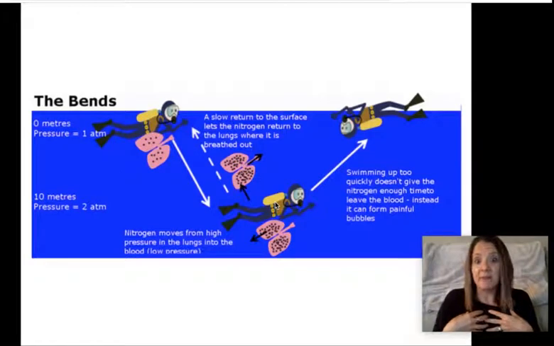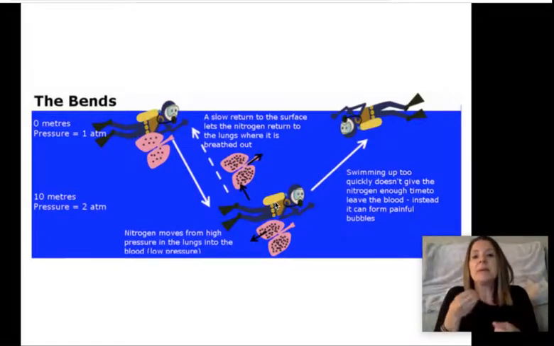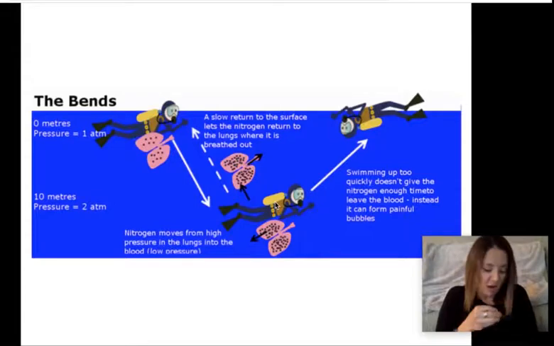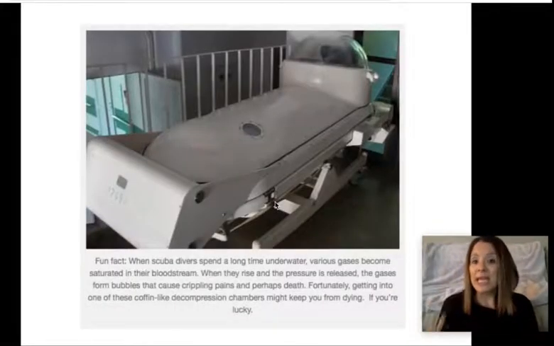Well, if that happens, this can be very deadly for the scuba diver because that nitrogen gas that comes out of the blood too quickly can be extremely painful, causing painful bubbles within the veins and arteries. And if that happens, and we can't get you to a special decompression chamber like this that can force the gas back into your body, you can have crippling pain and it can even lead to death.